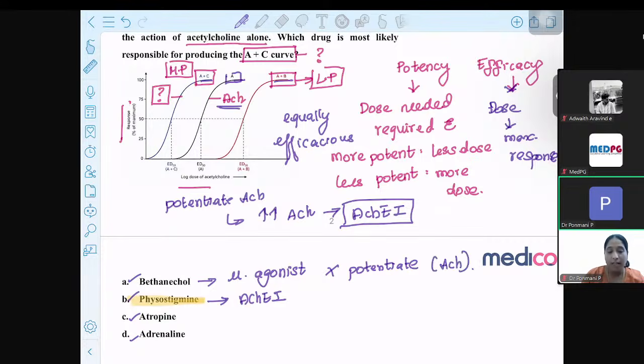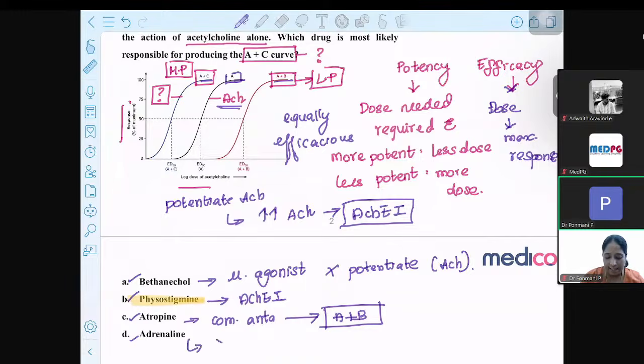And what about atropine? Atropine is a competitive antagonist of acetylcholine. If you give a competitive antagonist, in order to increase the effect of acetylcholine, you need to give more dose of acetylcholine. Therefore, the curve A plus B refers to a competitive antagonist, which is atropine.